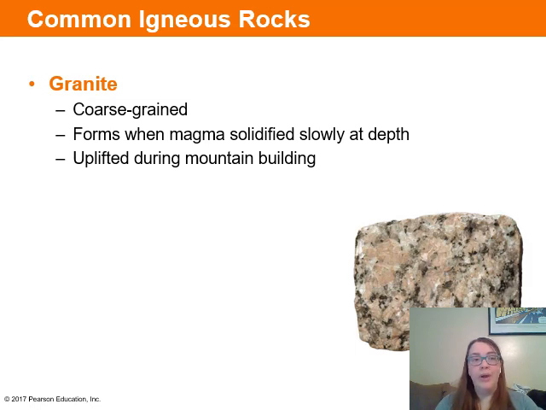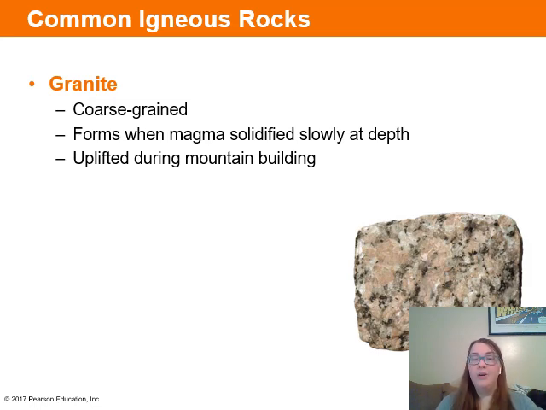Because it's coarse-grained, this tells us that granite forms very slowly deep inside of the earth as an intrusive rock. Because it's forming deep inside of the earth, we need some kind of uplift to happen. These rocks literally have to be lifted up from deep inside of the earth towards the surface, which generally happens during mountain building.